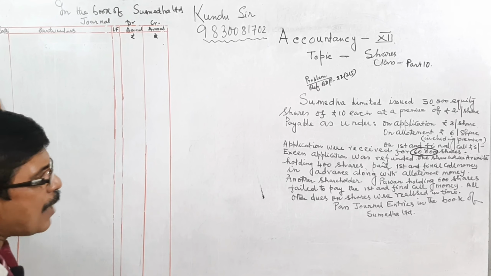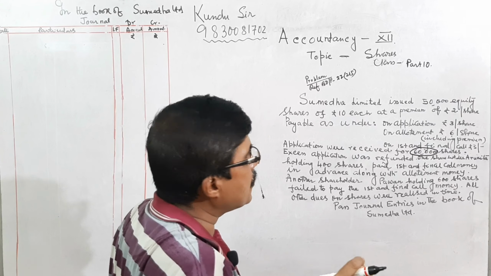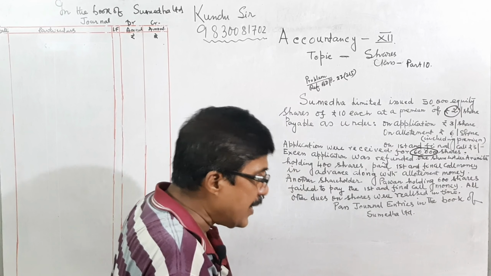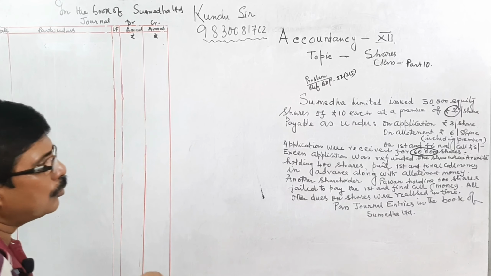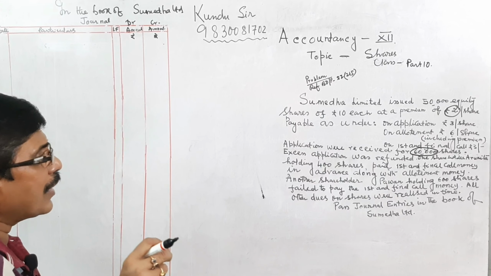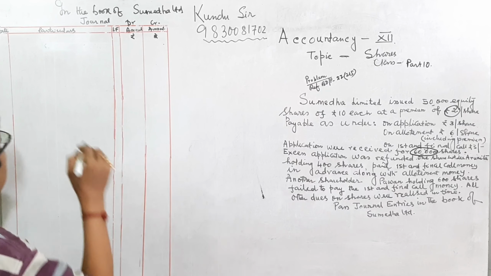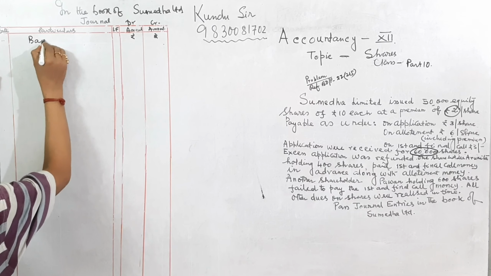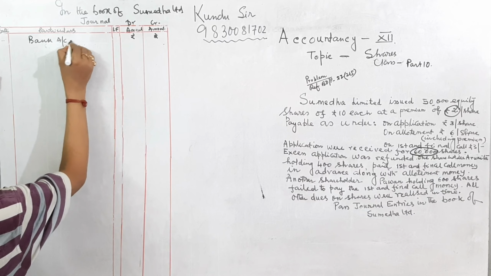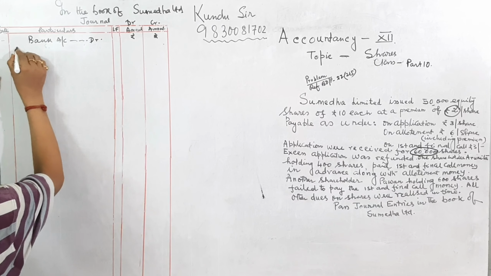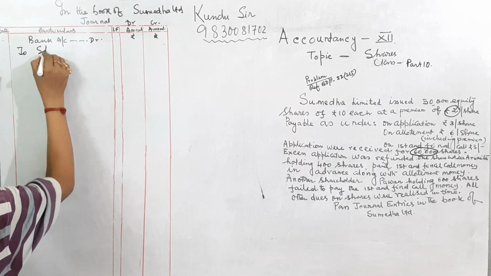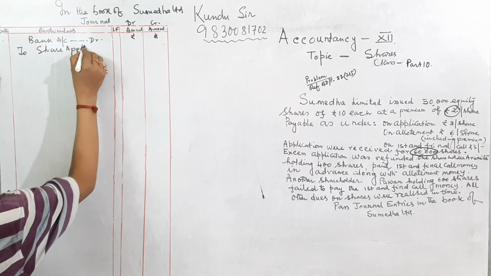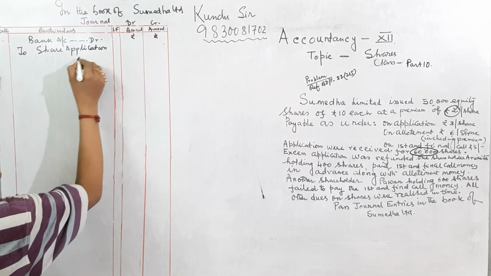First, we are getting application money at the rate of rupees 2. That means we are getting 60,000 into 2, 1,20,000, as application money. So we are now writing the first entry, no date here: Bank account debit, to share application account.